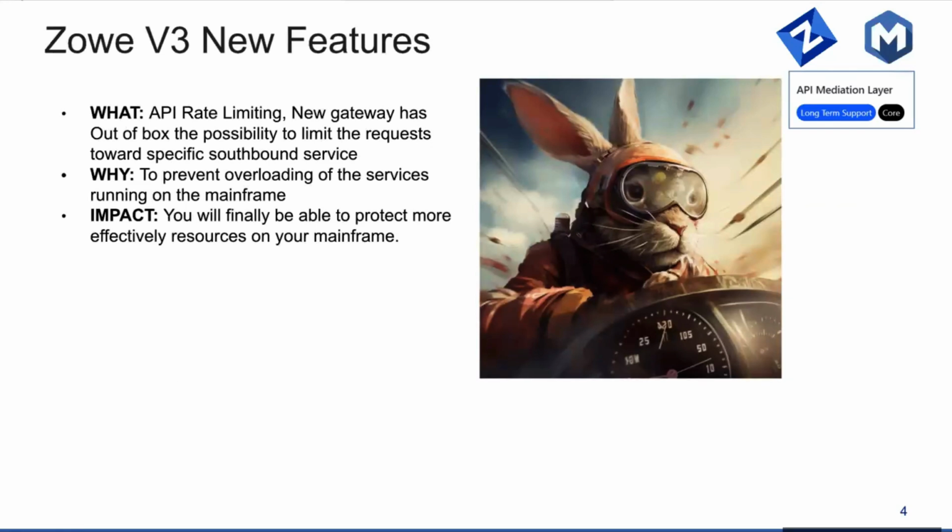So the API mediation layer can state how many people can access the services actually running on the system at one point, and the other requests are waiting in line. It's been a request that was asked multiple times, and we weren't able to fully resolve it in the previous technology that we used. But it will be supported by default by Spring Cloud Gateway, that I will be talking about a bit later.